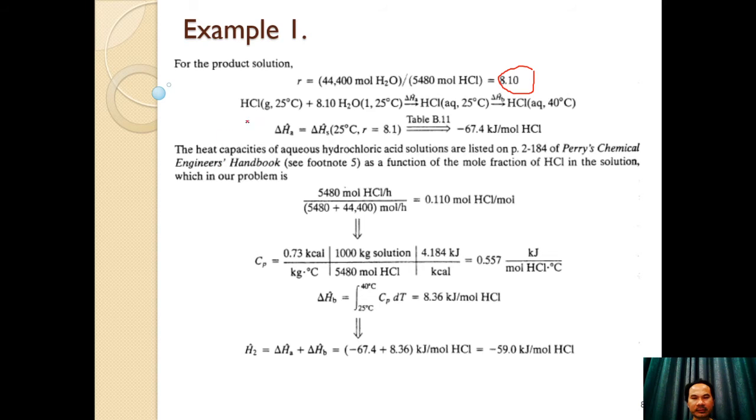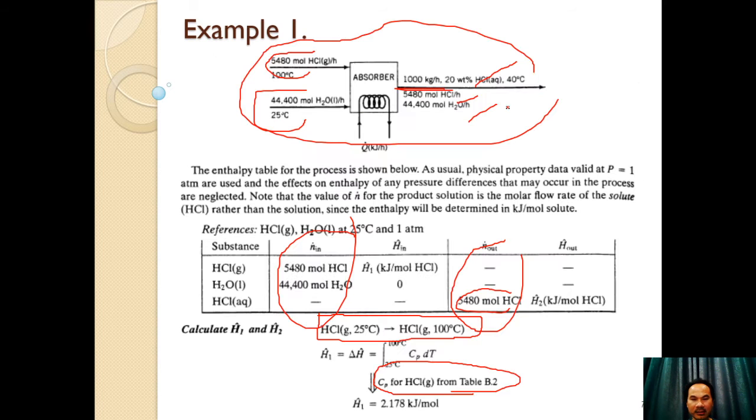For this case, HCl gas at 25 degrees Celsius, 1 mole, plus 8.1 moles of liquid water at 25 degrees Celsius. And then these two mix, and we get aqueous solution HCl at 25 degrees Celsius. This is delta H_s. And then you change from 25 to 40 degrees for the HCl solution, since 40 is the output.